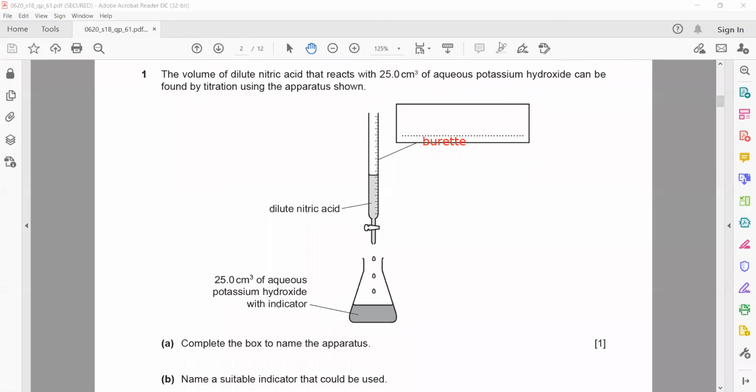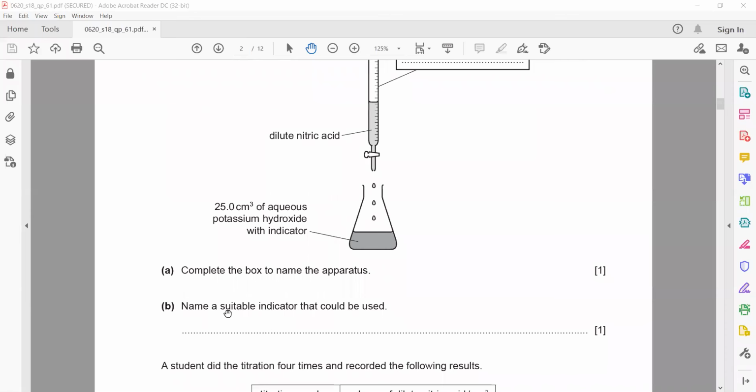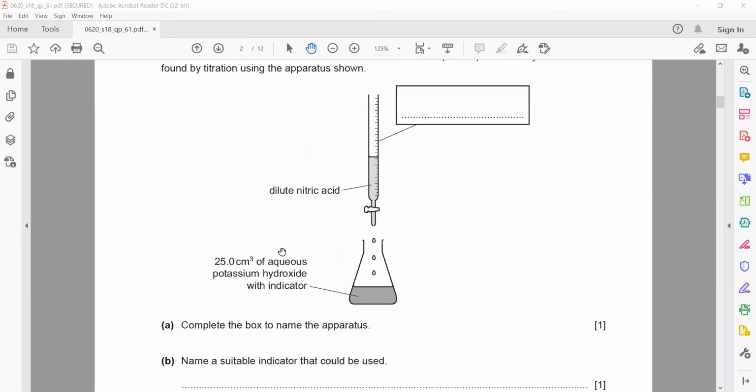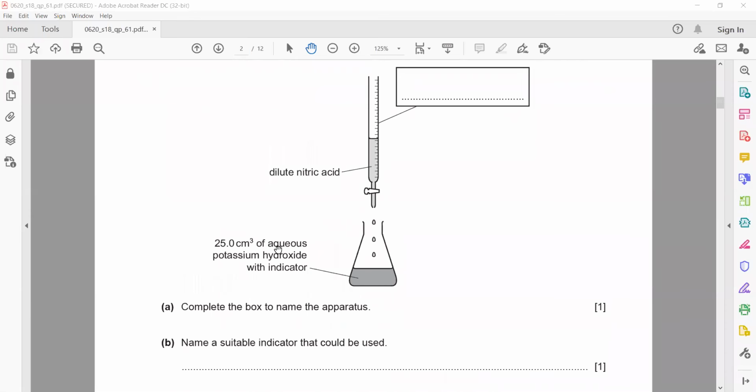The next part: name a suitable indicator that could be used. You can mention a variety of indicators such as phenolphthalein, methyl orange, methyl red. You can mention any suitable indicator.